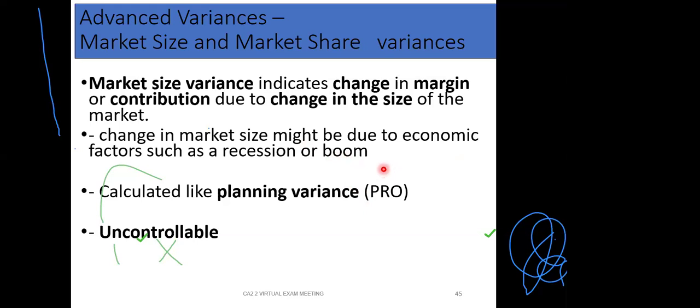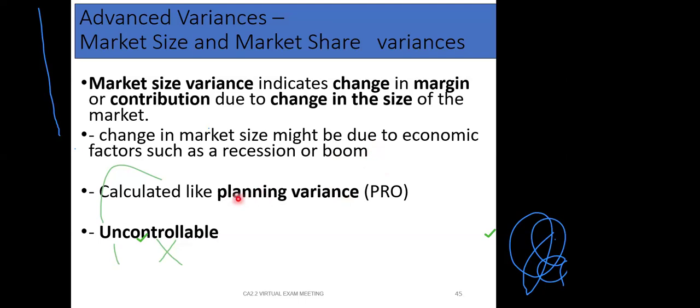If there is a boom, there will be an overall increase in the size of the market. Those who take advantage of a boom are likely to have higher profits, higher contributions. And those who don't take advantage of such are going to have less profit. So this measures whether you took advantage of the situation or not.